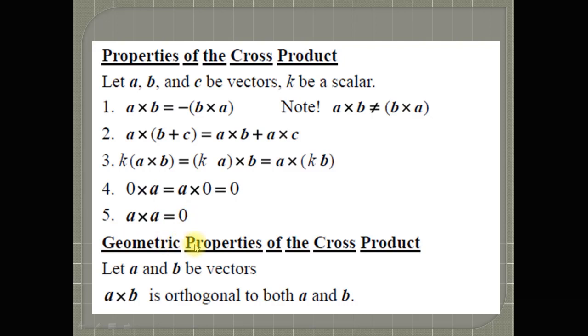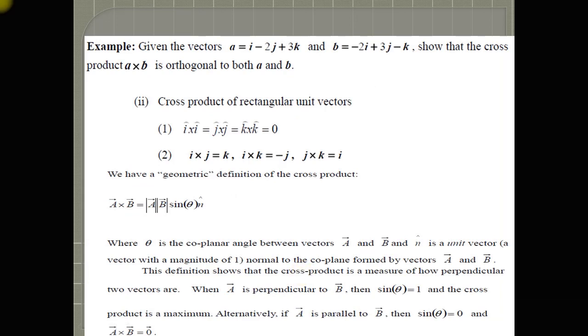Now geometric properties of the cross product. Let a and b be vectors. a cross b is orthogonal to both a and b. For example, given the vectors a equal to i minus 2j plus 3k and b equal to minus 2i plus 3j minus k, show that the cross product a cross b is orthogonal to both a and b.